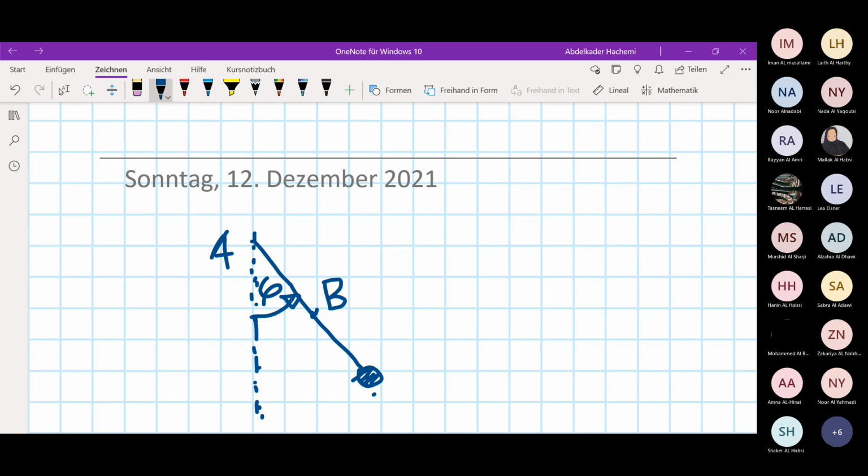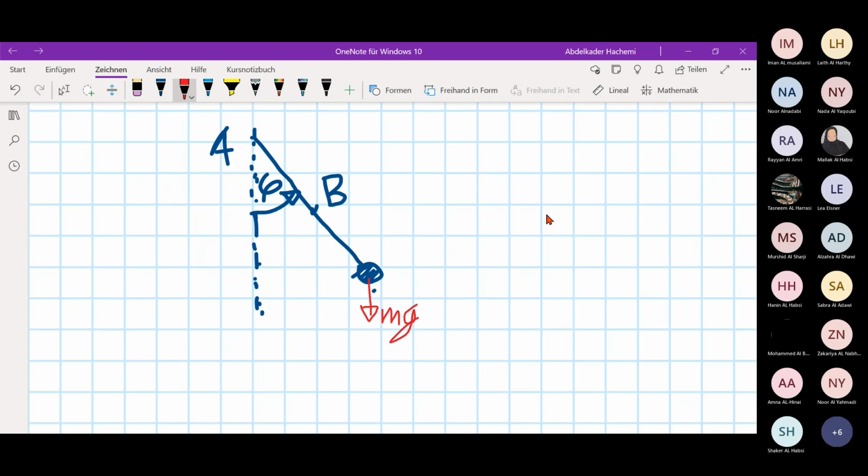Now we have the weight here, mg, and we have the spring force here, which I call F_A, and we put the coordinate system.